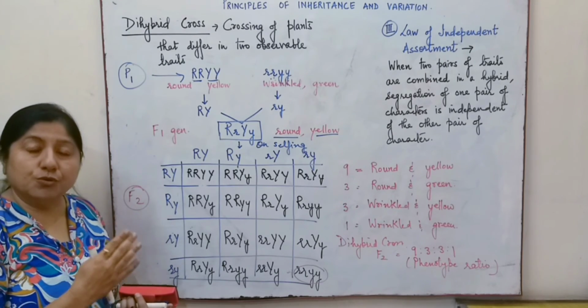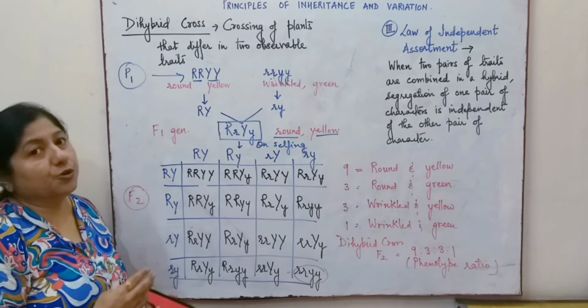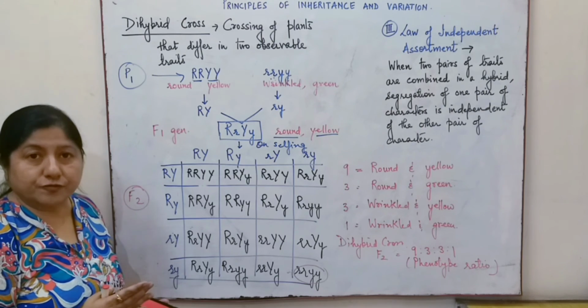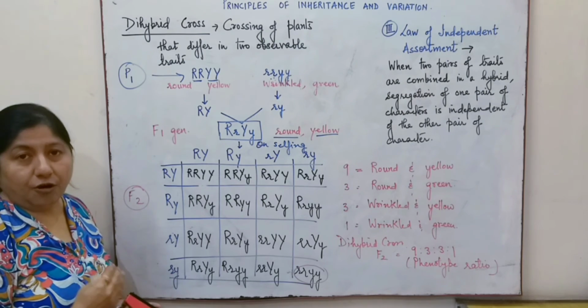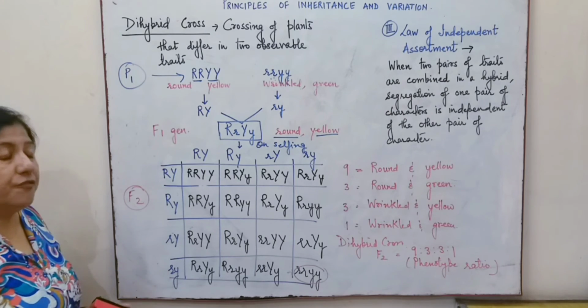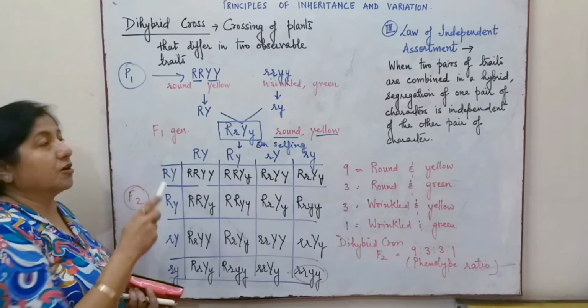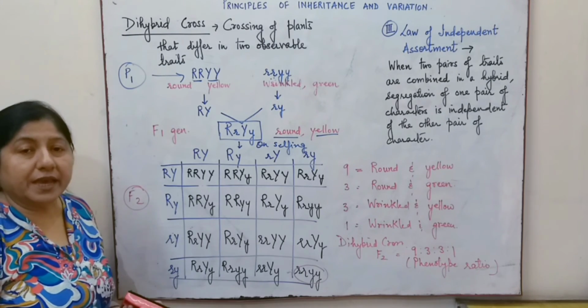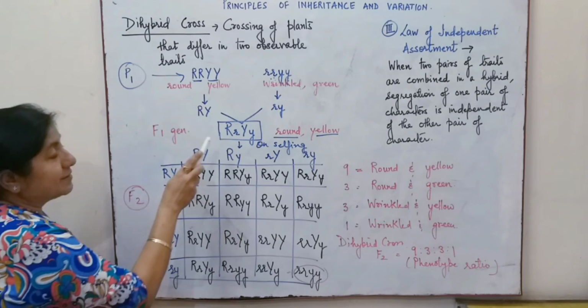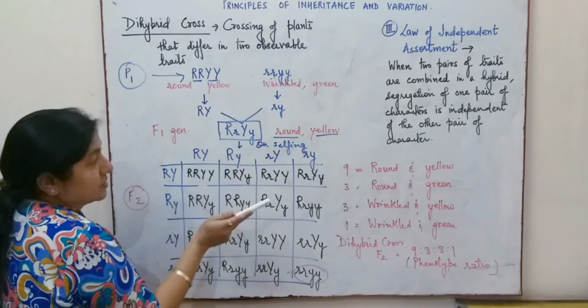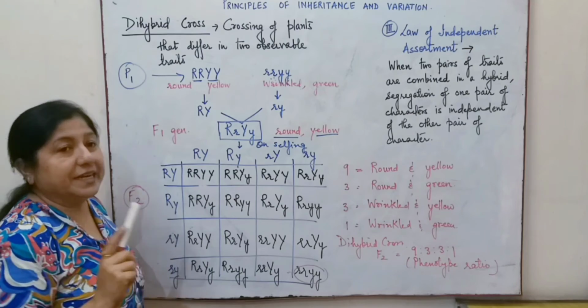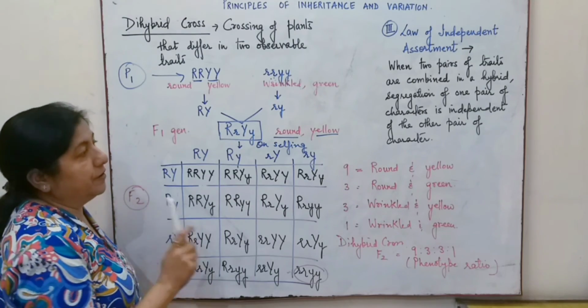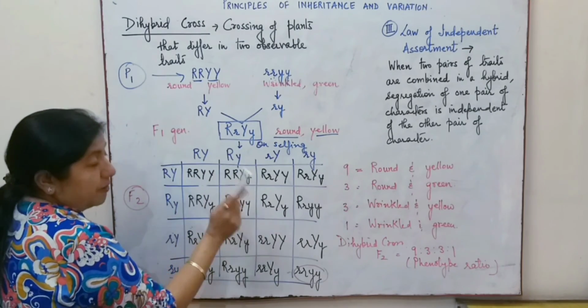The first two laws were based on the monohybrid cross, that is the law of dominance and the law of segregation, whereas the law of independent assortment explains the dihybrid cross, where the assortment is completely independent of the other pair.